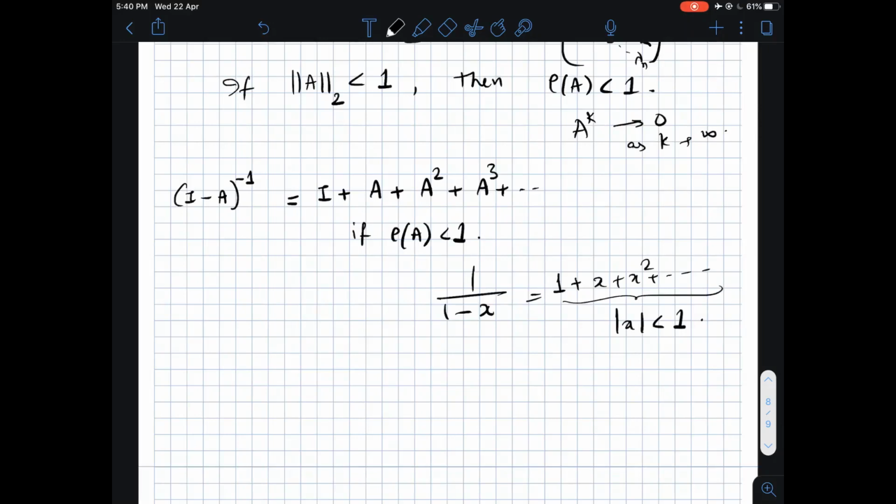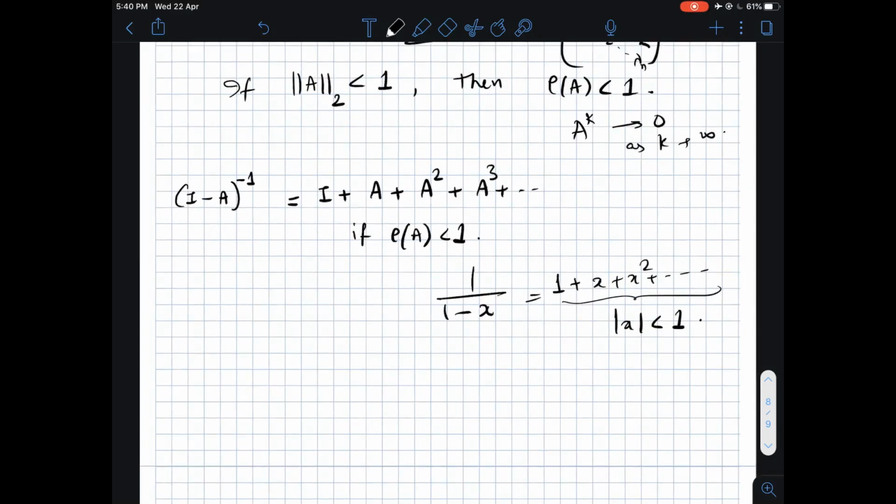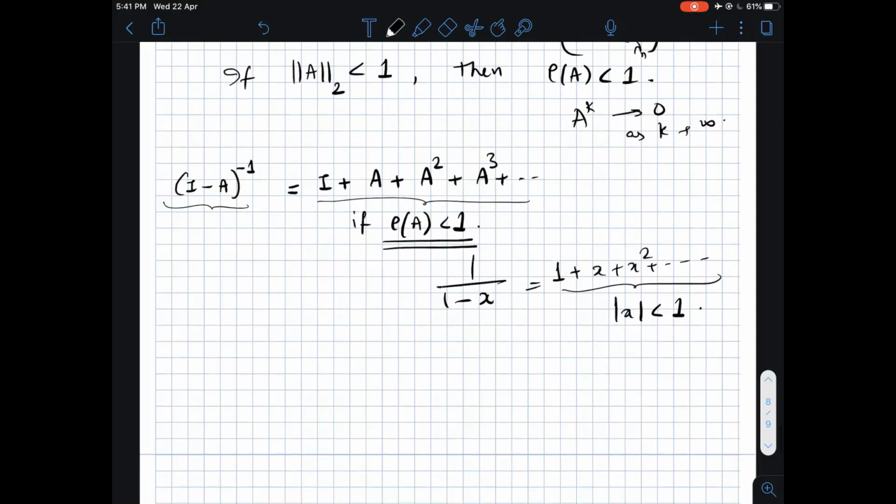Similarly, for matrices also you can talk of convergence. Here, for the sake of simplicity, I am simply talking of entry-wise convergence. So every entry of this matrix converges to the corresponding entry of (I minus A) inverse. Now, this works only if the spectral radius of A is less than 1.